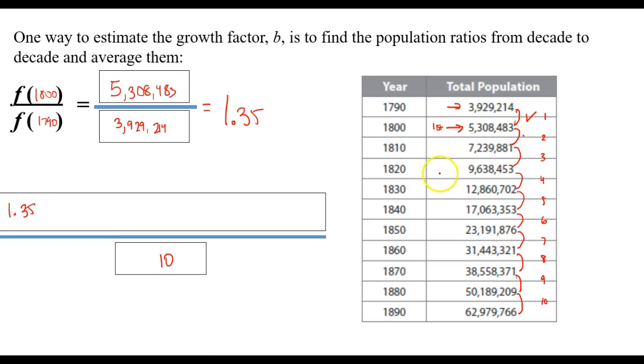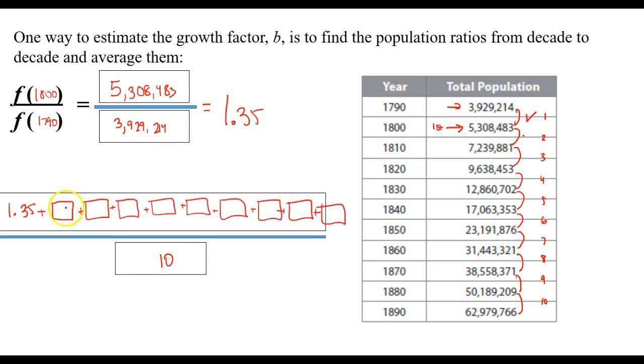Then we're going to add up all those values and find the average by dividing by 10, since we're doing 10 problems.